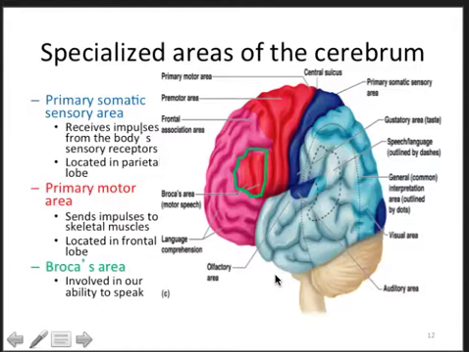Okay, now this is just another look at the brain showing you some of the more details of the lobes that we just talked about.